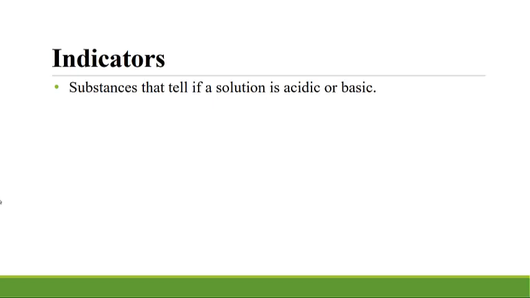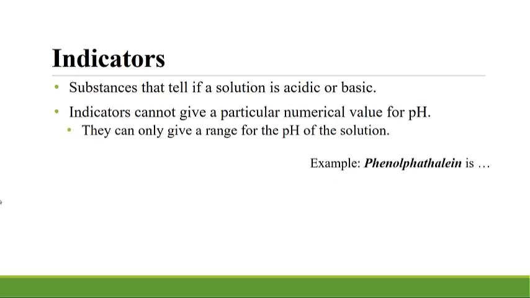When we put those in a substance, it will change color and let us know this is acidic or basic. The problem with indicators in general is they can't give a really accurate pH. They can tell us if something is acidic or basic, but not accurately. Some of them we'll look at can give us a closer range, say it's between 3 and 4 or 7 and 8.